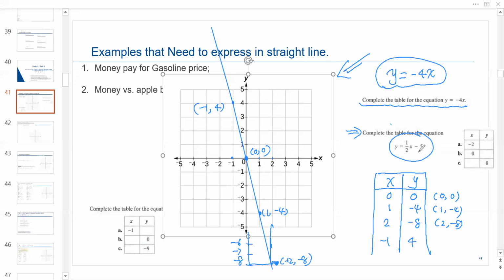Let's give some more examples, say about prices. Let's talk about a toy. Let's say one toy only needs $50, just like 50 cents. If you buy one, you pay 50 cents, right?